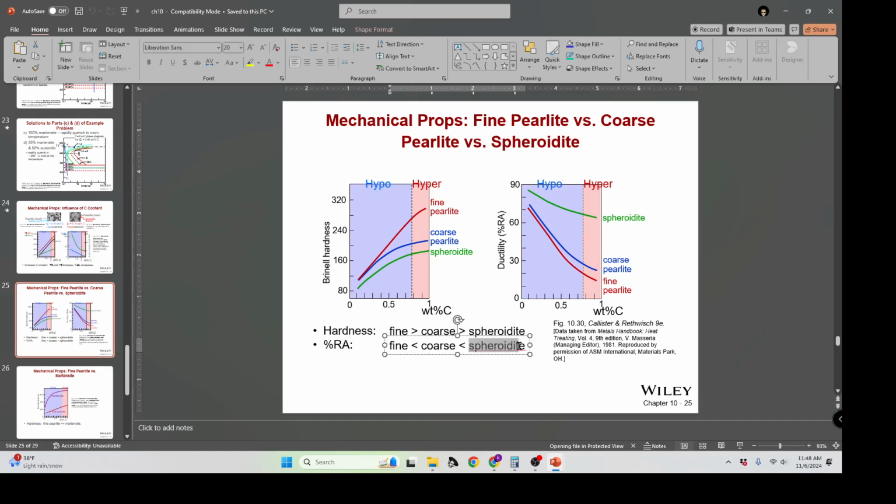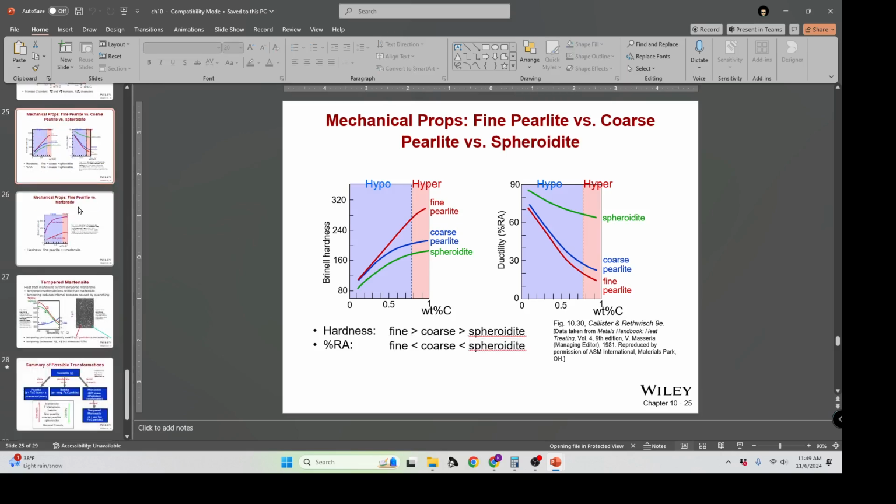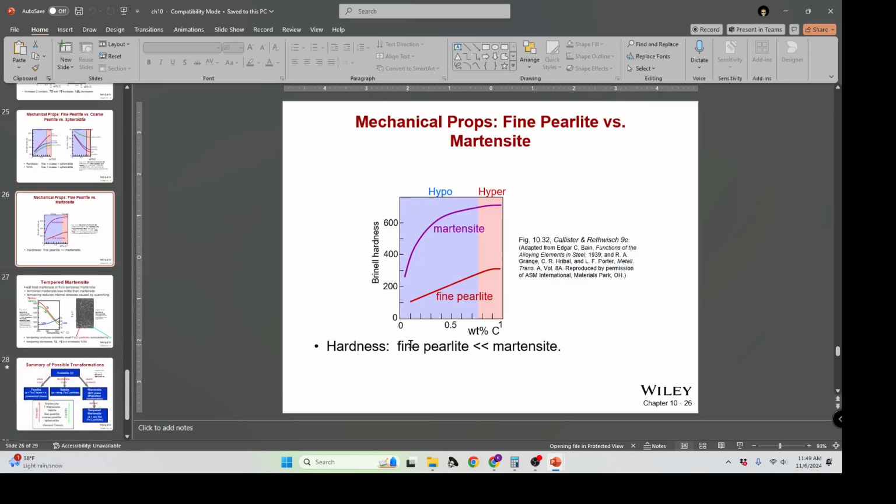Spheroidized is the weakest in terms of hardness, so it's the weakest. It is the greatest in terms of ductility, so percent reduction of area rather. So it's the most compliant version of steel.